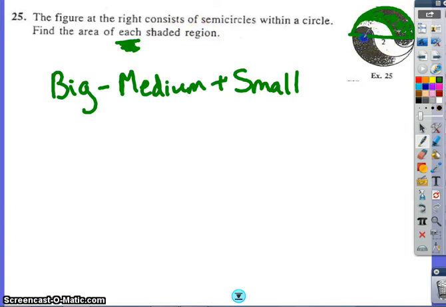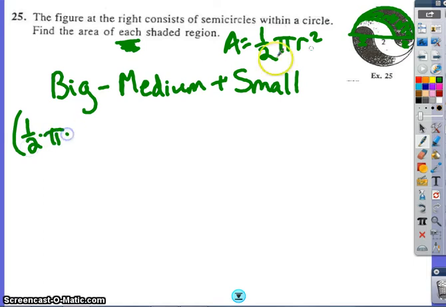Now, you're given the 2 here, there is a 2 here and a 2 here as well. So when we look at this, the big semicircle, my area of a circle would be pi r squared. For a semicircle, just do half of that. So for the big one, I'm going to do half times pi times my radius of the big one. Well, the diameter is 6 straight across, so the radius is 3.